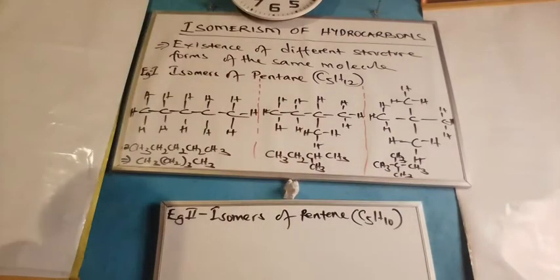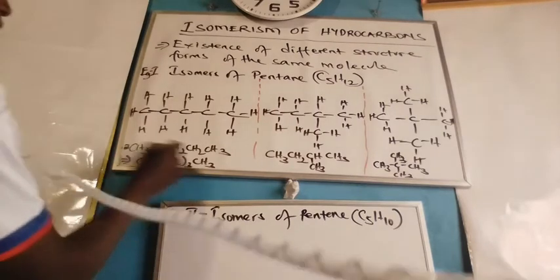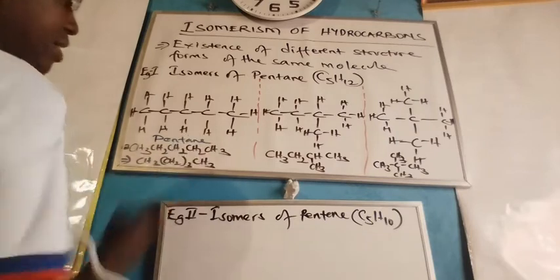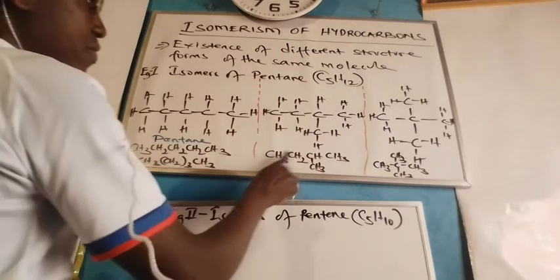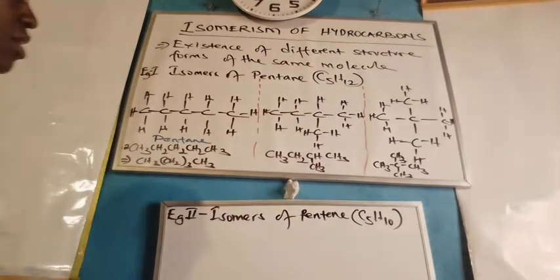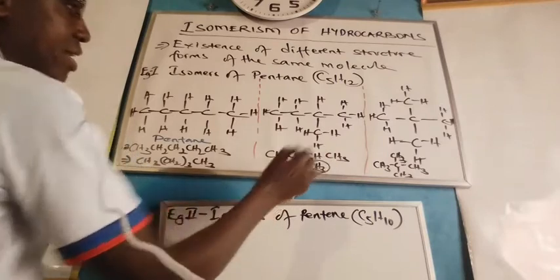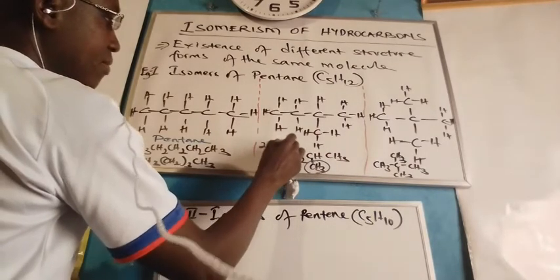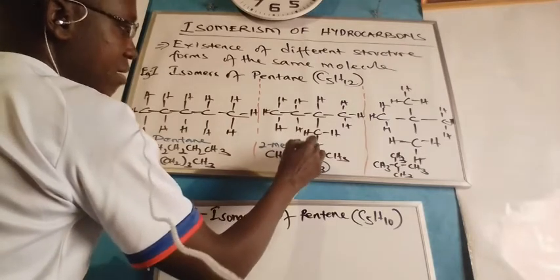as displayed there. So then, how do we name these differing organic structures of the same molecule? The first one is simply pentane. The second one, the chain has changed from 5 carbons to 4 carbons. So it's a butane with a methyl in position 2. So we call it 2-methylbutane.